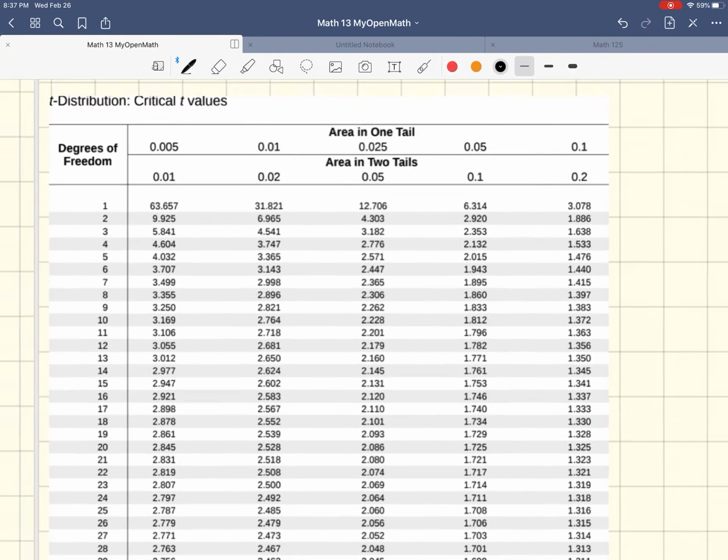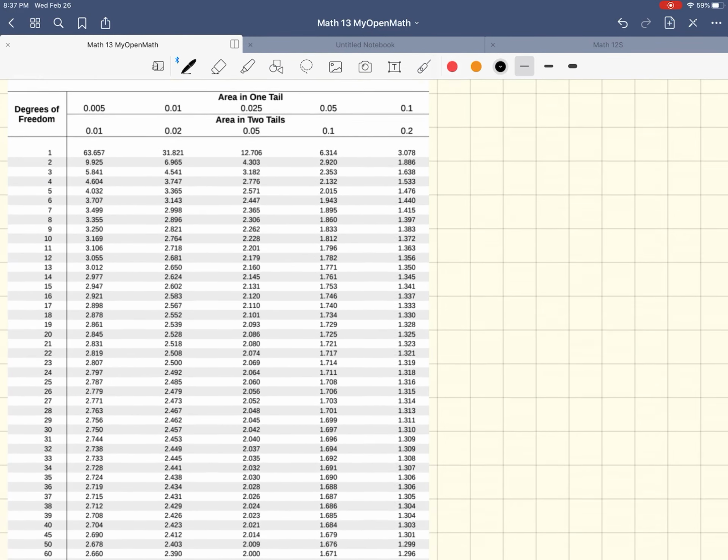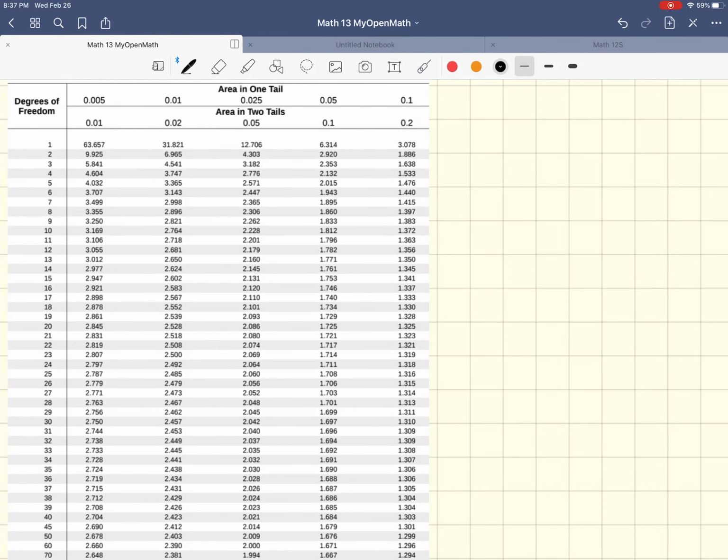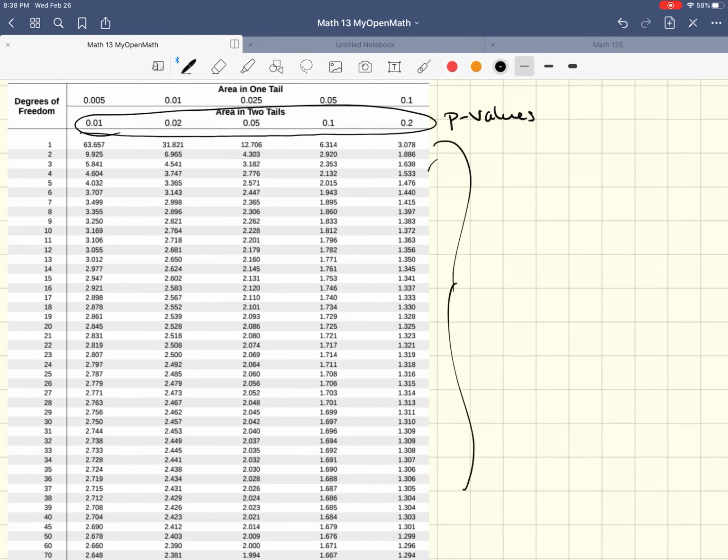So I have a copy down here of the student t distribution chart, and I want to remind us of a couple of things. First of all, that we're in two tails. So these are the values that we'll be looking for. These are the p-values we're going to be looking for. And down here, these are all of the t-values that we match them up with.